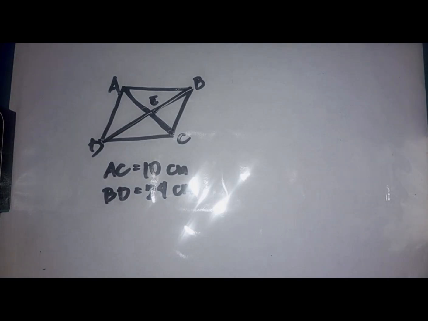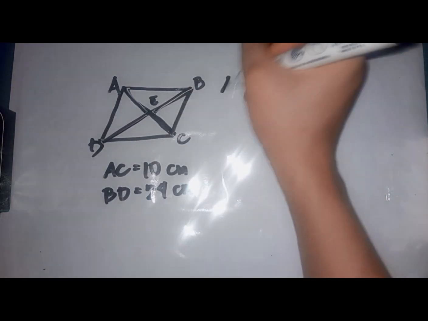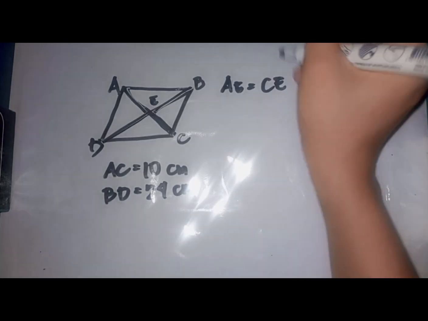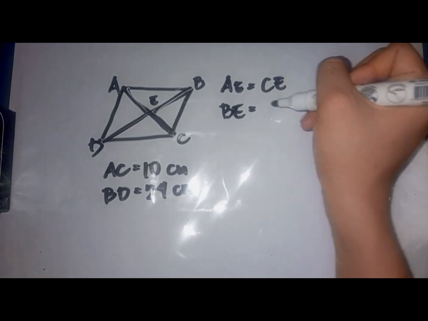Since the diagonals bisect each other, AE is equal to CE and BE is equal to ED.